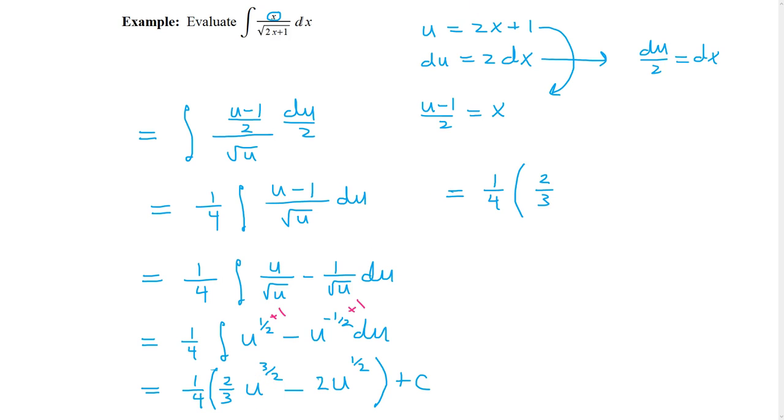Let's see, u is 2x plus 1, so this is going to be... and we can clean that up a little bit if we think of factoring out a 2. In fact, we can also factor out a 2x plus 1 to the 1/2 power.